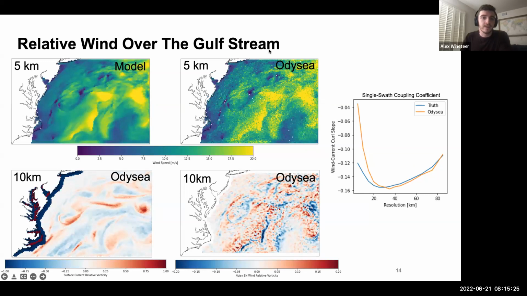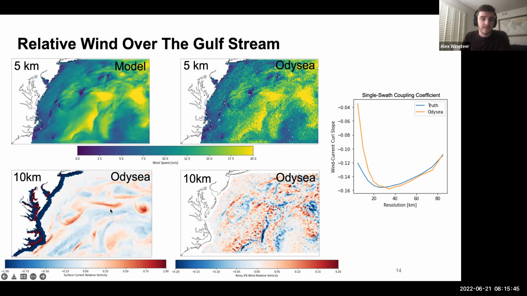Okay, so looking a little bit at the winds that Odysea can measure. On the left here, we have the model for a single swath at 5 kilometers. And on the right, we have a single Odysea swath at 5 kilometers with noise.